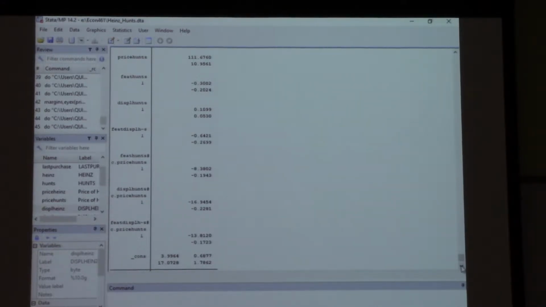Should this be positive or negative? Let's think this through. If the price of Hunt's goes up, what should happen to the probability of buying Heinz? Goes up, right? Why? Because the law of demand should hold.